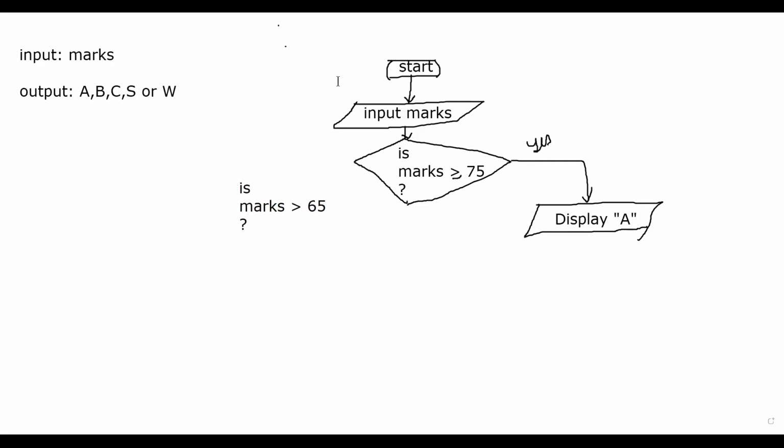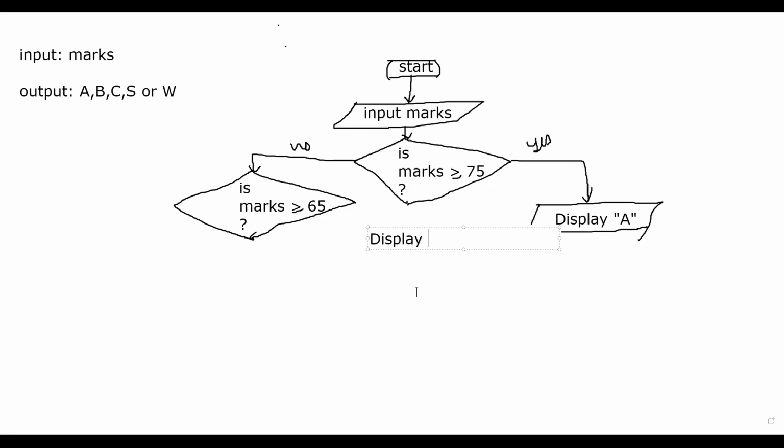As I said earlier, don't draw, I will give you a complete answer. So you check whether it's greater than or equal to 65. If it is yes, then you are going to display B. Yes, so you can draw.